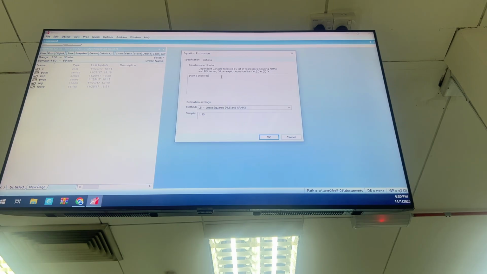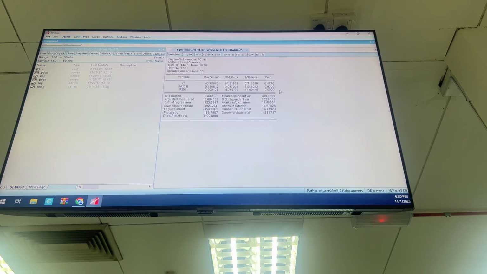So this is our first model. You just write the estimated equation, or you just copy and paste this one.